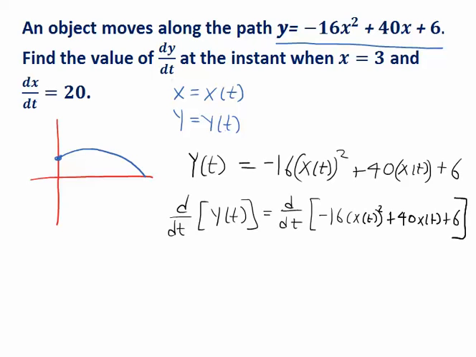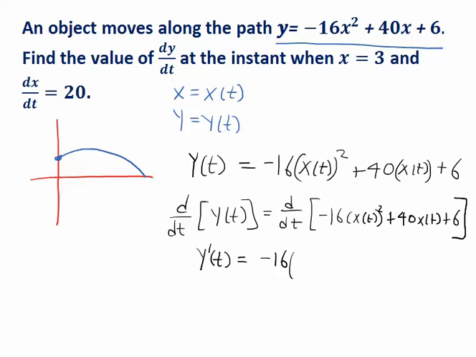Okay, so the derivative of y of t, we could write that as y prime of t. And on the right side, I have negative 16 times this quantity x of t quantity squared. So that's a composition of functions. You have an inside function x of t inside another function that squares it, so x squared. So I want to take the derivative of that expression.